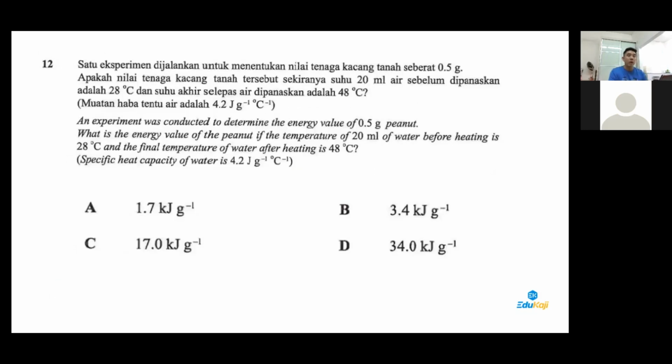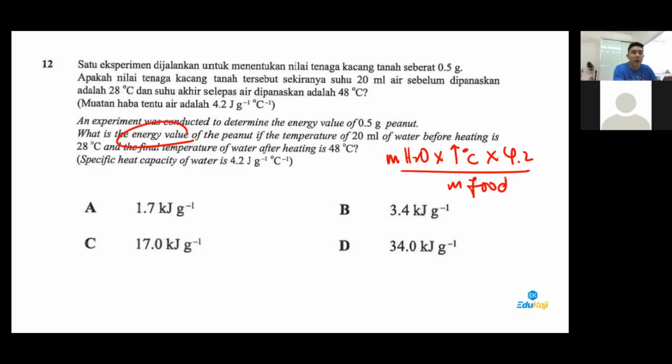Okay, guys, to calculate the energy value, in the exam they don't provide you the formula. So I always recommend students to hafal this by yourselves. The mass of water multiplied by increase in temperature multiplied by 4.2 divided by mass of food.